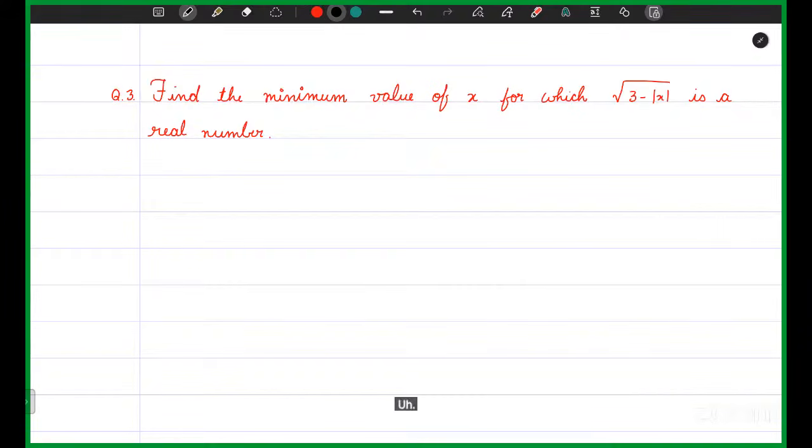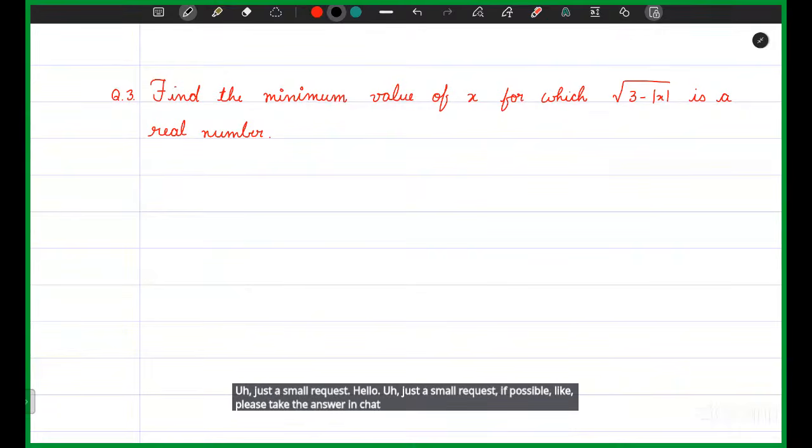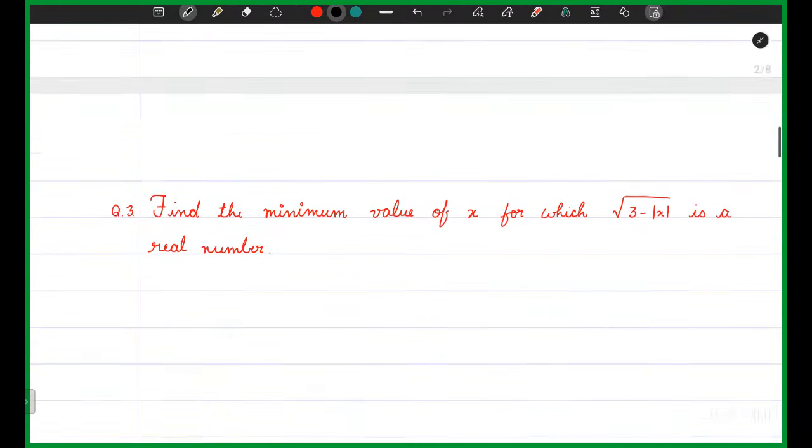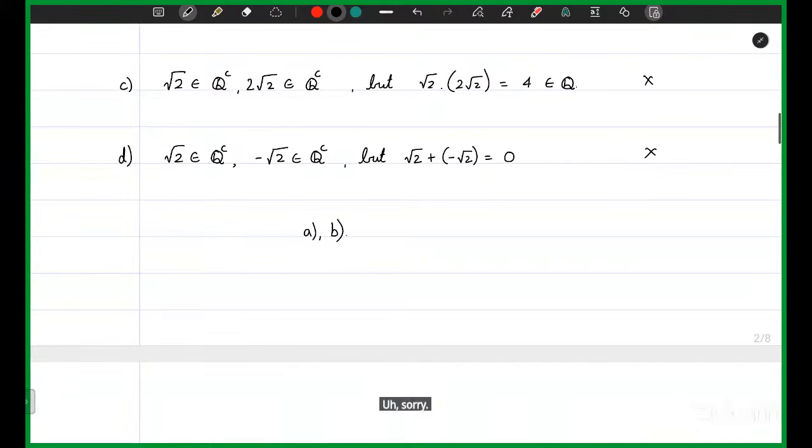Just a small request. If possible, please take the answer in chat initially. It will give us time to solve. Sorry, what did you say? Please take the answer in the chat initially, so it will give others time to solve the question.